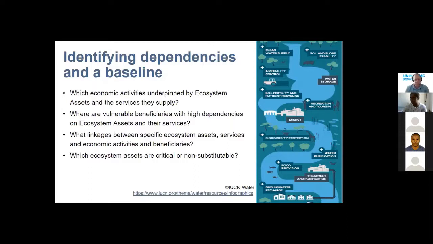And at this point, it might be useful to reflect on which ecosystem assets might be considered critical, or non-substitutable, and that might be useful when thinking about offsetting and similar types of things.